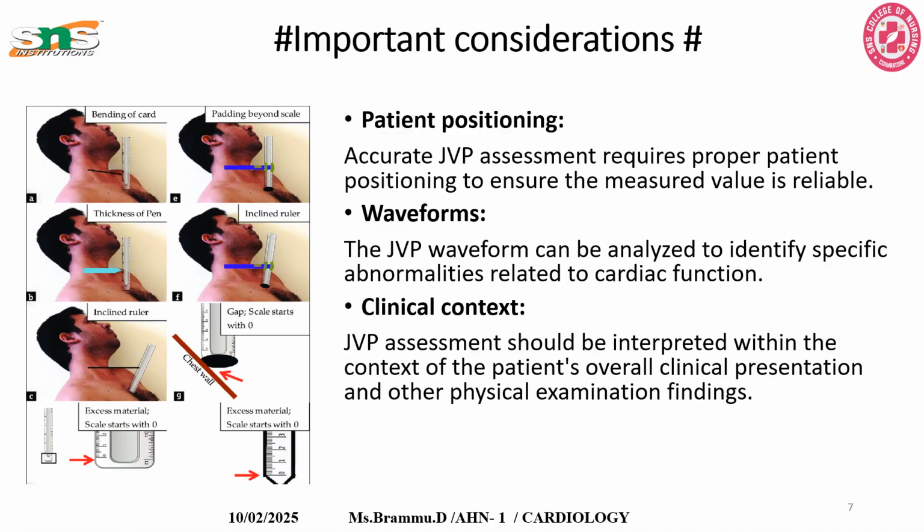The following points are to be kept into consideration, such as how we place the patient in position. It is very essential that you place the patient in the right position to get a reliable value, and the waveforms of the JVP can easily identify whether they are on the borderline of LV dysfunction or whether they are in hypovolemia or hypervolemia.